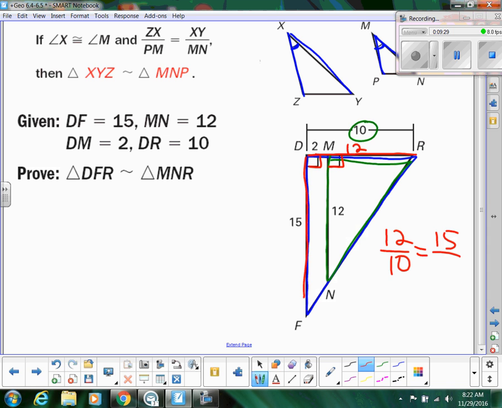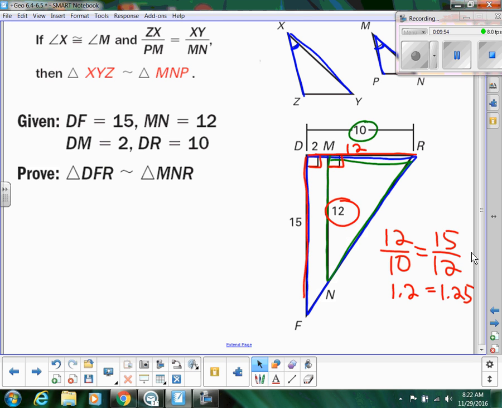And then 12 right here is that side. So if I reduce that, this is going to give me 1.2. This is going to give me 1.25.